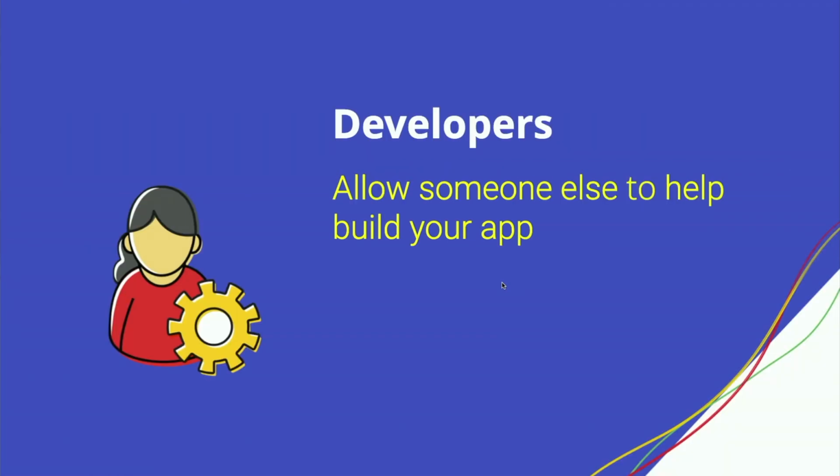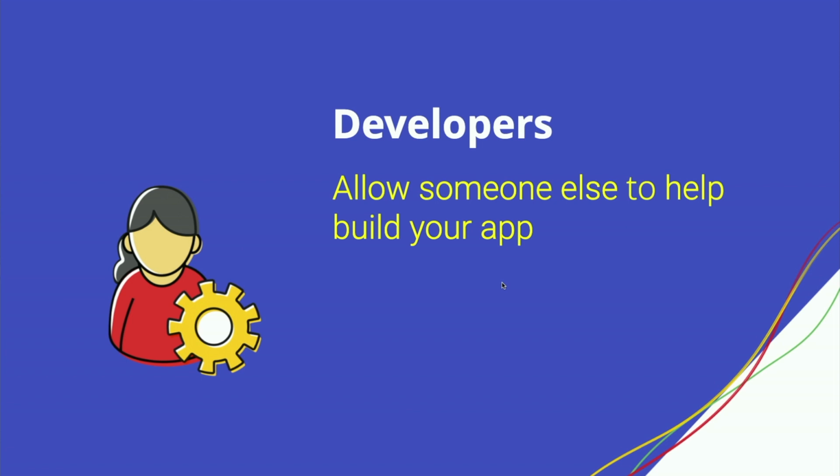Okay, and there's one other user type called a developer. If you do not have the time to build an application, you're too busy, hire a developer, add him as a user. Keep in mind, to add a developer into your account, he is considered as another user license. For all the other permission sets that we discussed so far, they will have access only to the data level of the application.